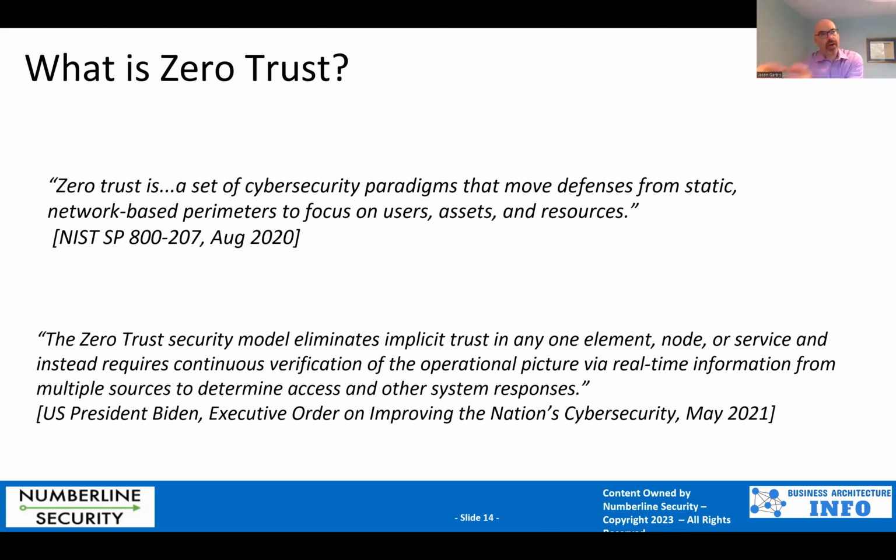We're moving away from a traditional perimeter-based model, the notion of the M&M, where you've got a hard exterior and a soft interior, and instead moving to something where nothing is implicitly trusted. Just because it's a node on our enterprise network doesn't mean that it's necessarily going to be allowed to do anything. It needs to be evaluated from an identity perspective, from a device perspective, and from a fully rich set of contextual information to then dynamically determine what that identity, what that device should be allowed to access.